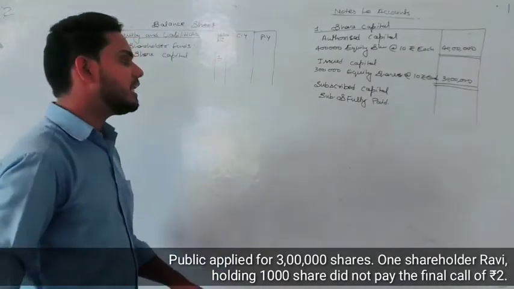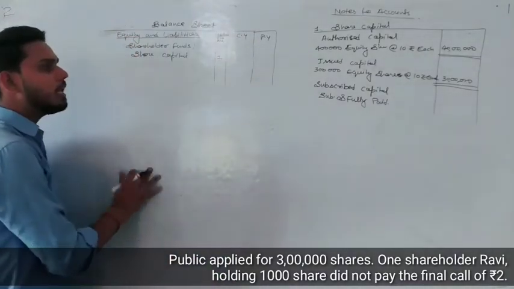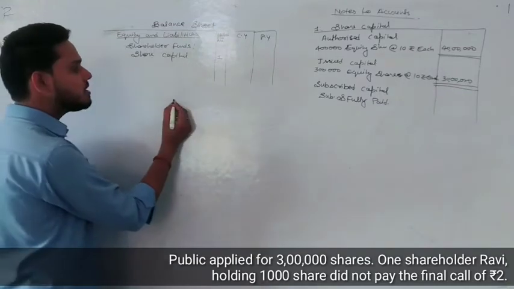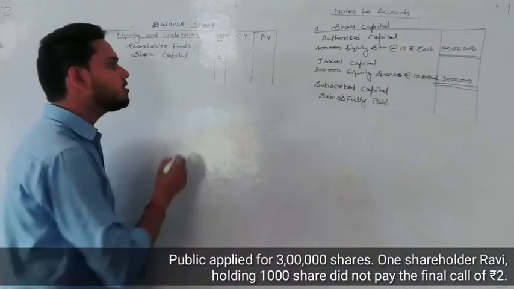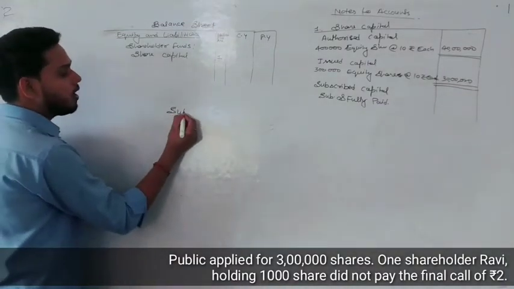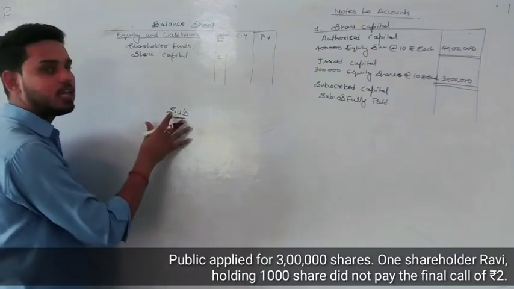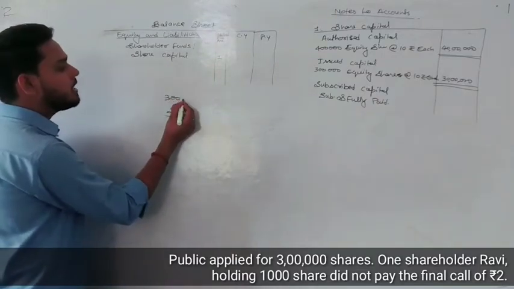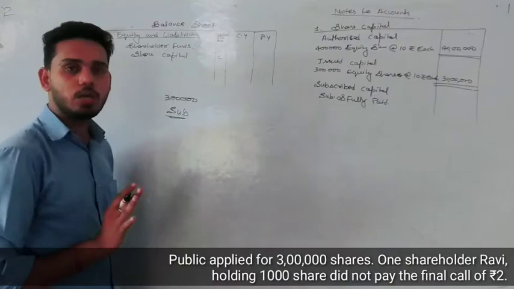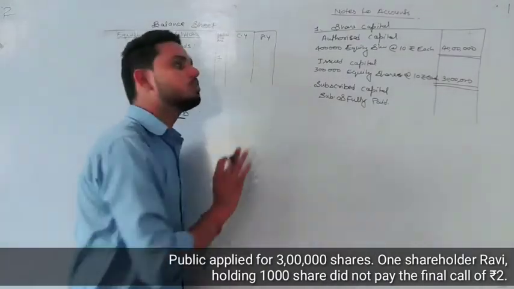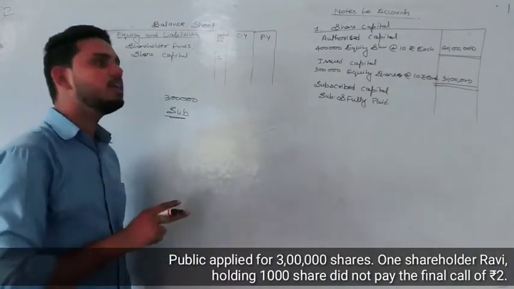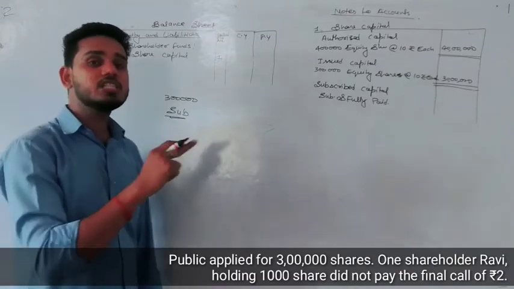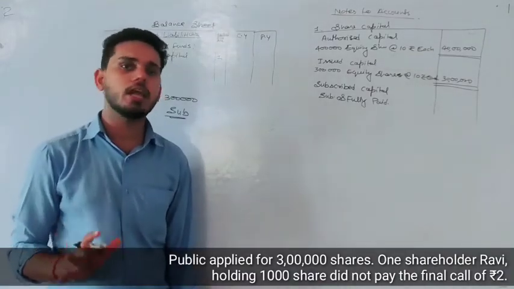So what is written in the question? The public applied for how many shares? The public applied for 3 lakh. So in the subscribed working note we will write that the public subscribed for 3 lakh. How much do you want to issue, sir? 3 lakh. How much does the public want to buy? The same 3 lakh. So this is the full subscription case, right?